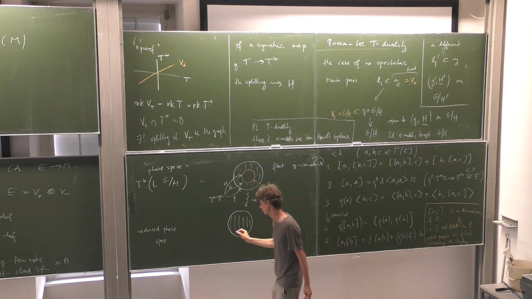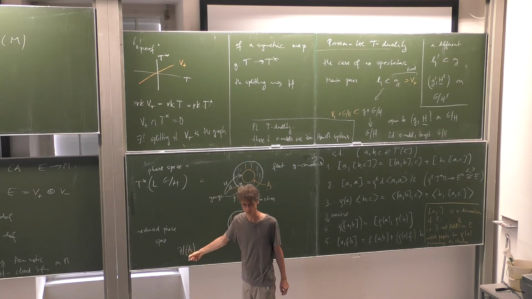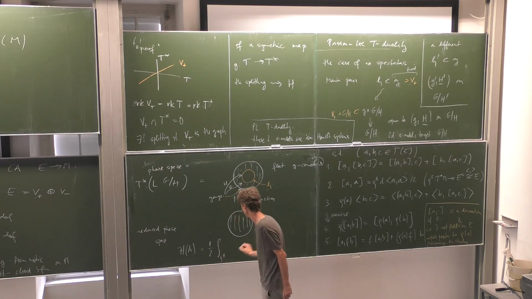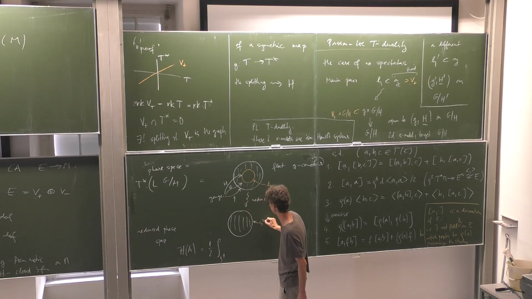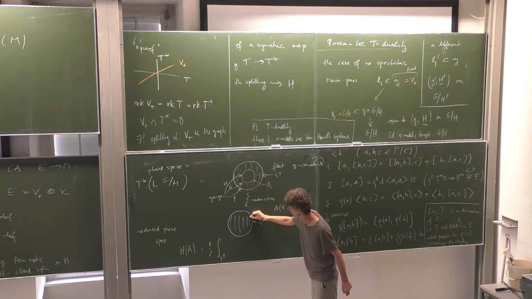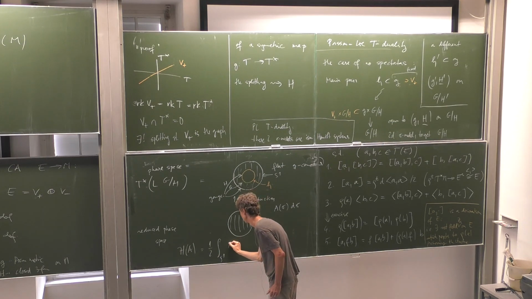Maybe I should write the Hamiltonian. So the Hamiltonian is a function of this one form of the connection. And it's something like one half times the integral over the outer circle, so this S1. If our connection there looks like A_sigma d sigma, where sigma is the angle as we go around, then we need to take the plus part, A_plus.